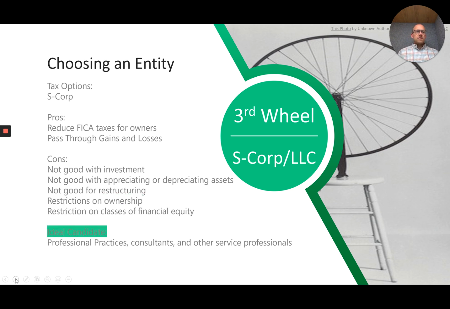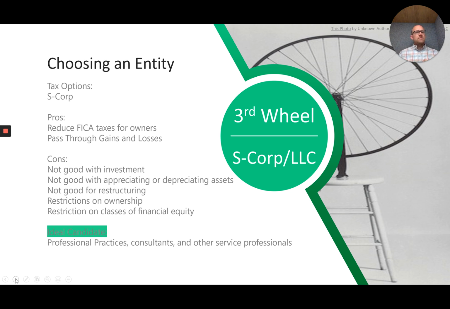So who does this type of entity make sense for? Who's the ideal candidate? Really, this makes sense and is used regularly in professional practices, consultants, and other pure service professional businesses. So ones where you don't own real estate, inventory, software, or other assets like those.